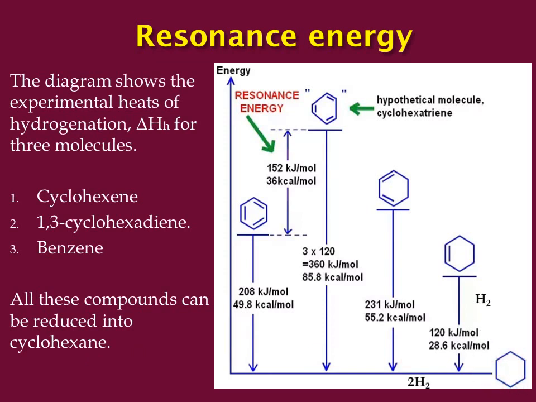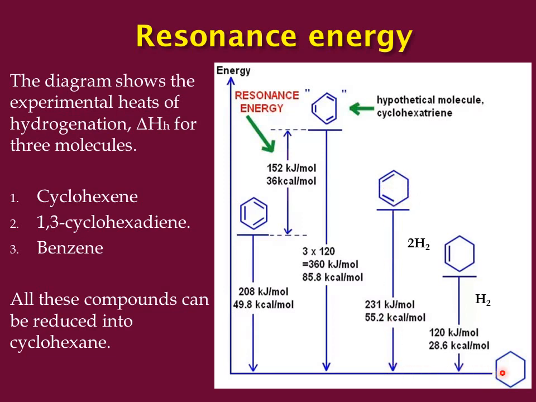Now students, when we add 1 mole of hydrogen to cyclohexene, the delta H calculated is 120 kilojoules per mole. Similarly, for 1,3-cyclohexadiene, since there are two double bonds, we need 2 moles of hydrogen to be added to convert 1,3-cyclohexadiene into cyclohexane.